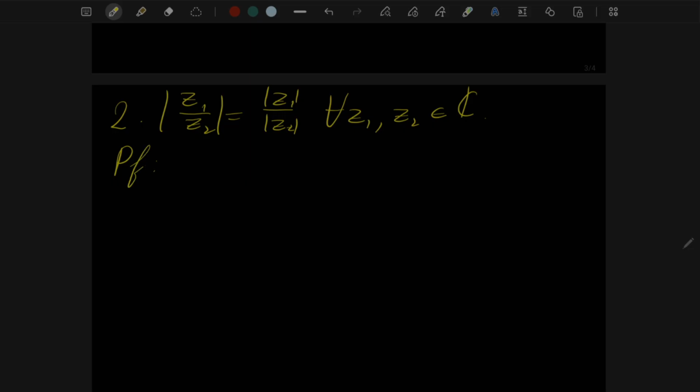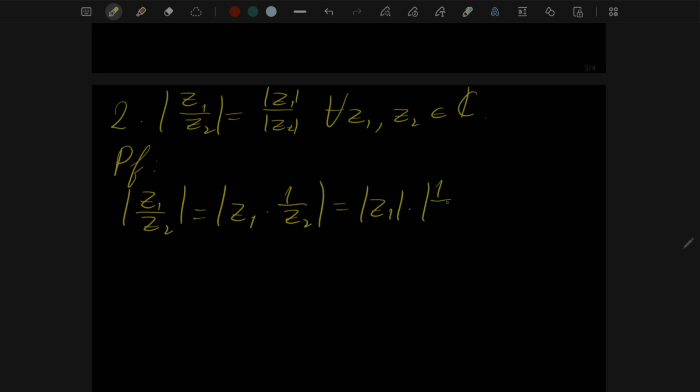We basically write z1 over z2, by definition, as z1 multiplied by 1 over z2. Then using the first property, we split those. And now we need to prove that the absolute value of 1 over z2 is equal to 1 over the absolute value of z2.